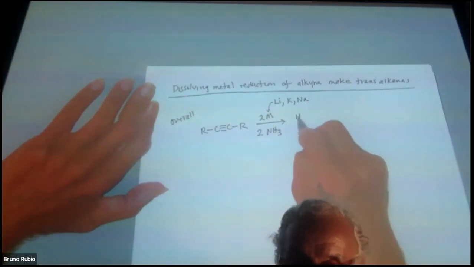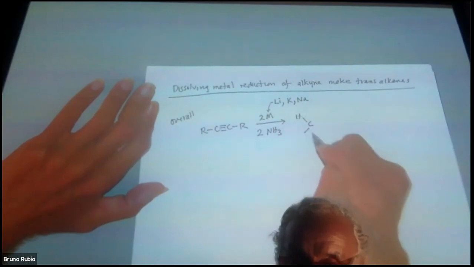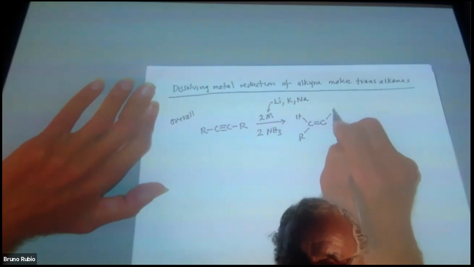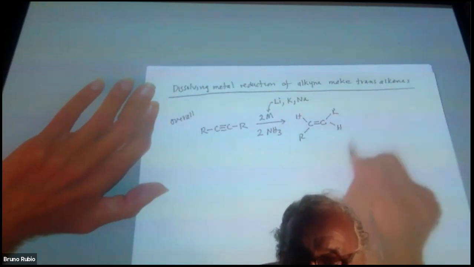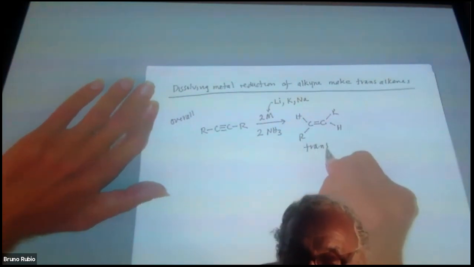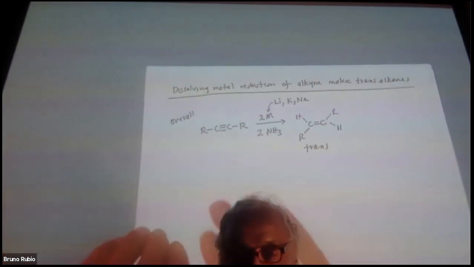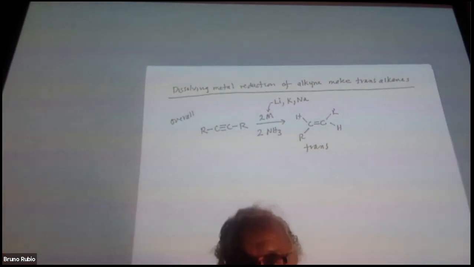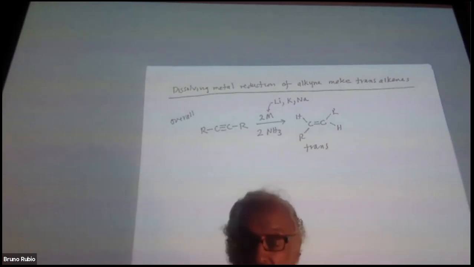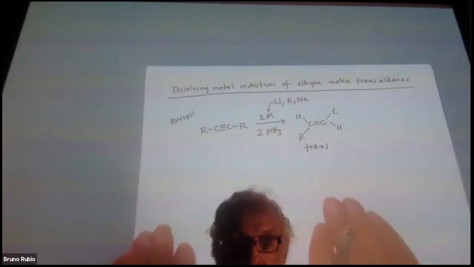The product is going to be the trans alkene. So this is a way of making a trans alkene from an alkyne. All right, so I want to talk about the mechanism of this reaction, how exactly this works. It's quite involved.